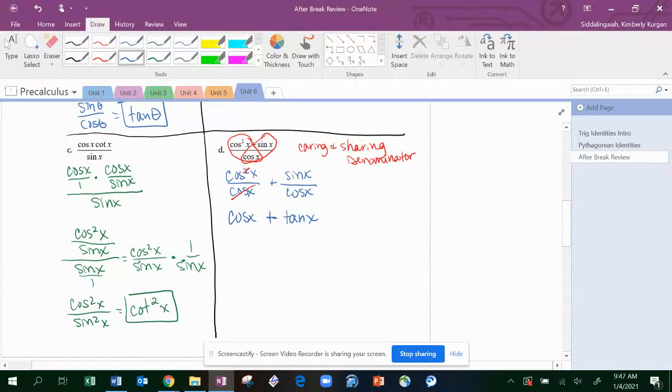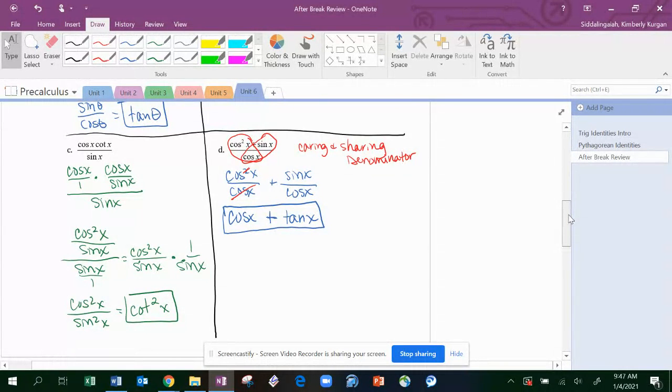So is this more simplified? It's a different way of writing it, but there's nothing more we can do with that. We're just going to keep it as cosine of x plus tangent of x. If we were to rewrite tangent in terms of sine and cosine, we would actually end up getting the original problem back. So I'm saying that's probably about as far as we can go.